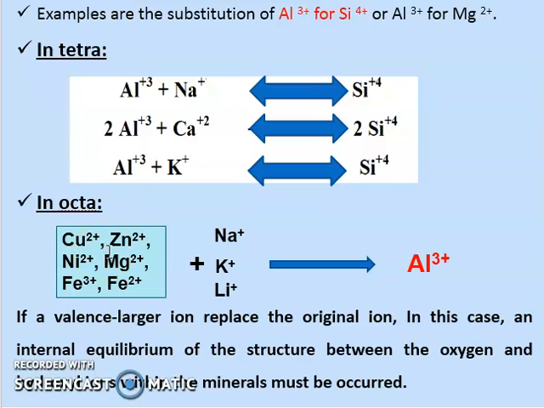In octahedra, remember, I told you that mostly aluminum, magnesium, and iron are found in octahedra because the space here is larger. So you cannot find silicon here in octahedra, but you can find aluminum +3 replaced by magnesium or iron, nickel, zinc, and copper.